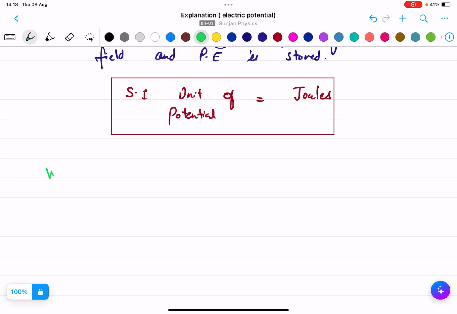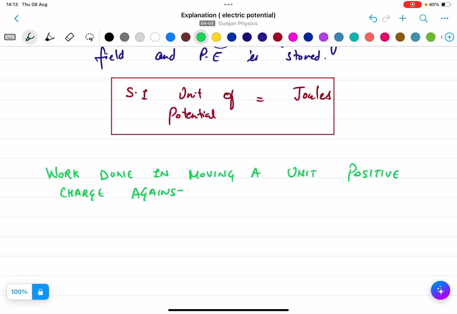What is electric potential? Work done in moving a unit positive charge against the electric field. You don't need to remember this definition. You can see we are doing the work done. I told you work done in moving a unit positive charge, because we are moving the positive charge, not the negative charge, and we are working against the electric field.